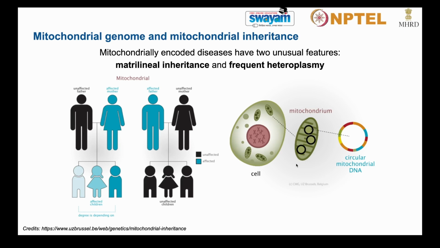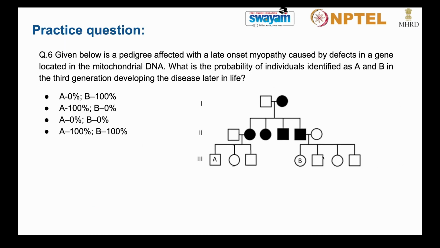One more thing you must know: the DNA present in the nucleus is linear, but the mitochondrial DNA shows properties related to prokaryotic DNA, that is, it is circular in nature. So now let's solve questions related to this mitochondrial inheritance. The question says, given below is a pedigree affected with a late onset myopathy, caused by defects in a gene located in the mitochondrial DNA.